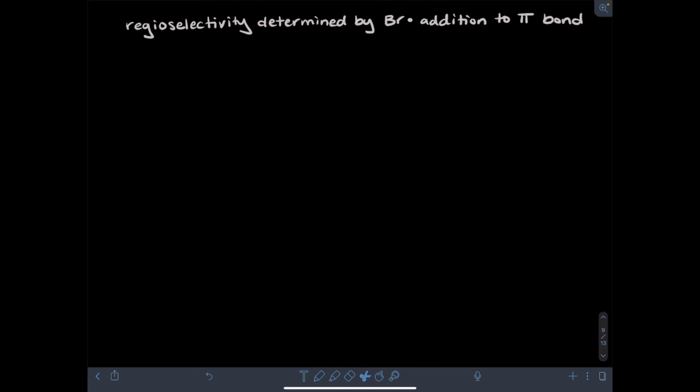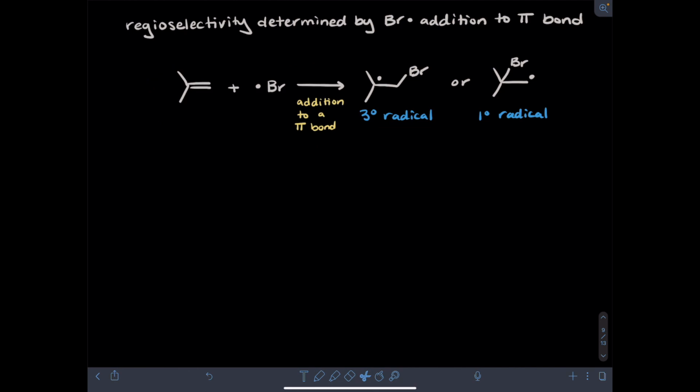The regioselectivity of this reaction is dictated by the step in which you have the bromine radical adding to the pi bond. So let's imagine the bromine radical coming into this di-substituted alkene. If you add the bromine to the less substituted carbon, a more substituted tertiary radical would form.